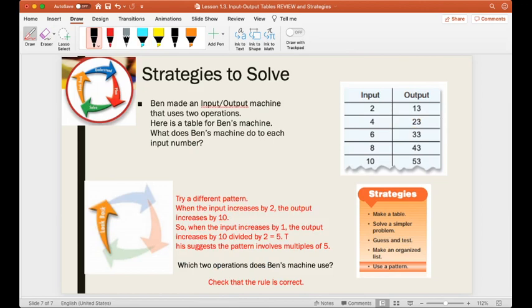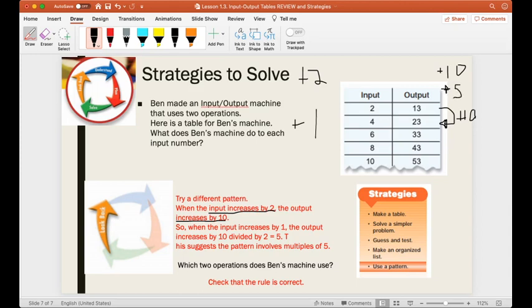Once again, the input is increasing by 2, and the output is increasing by 10. So if it's increasing by 2 and increasing by 10, it's safe to say, remember this is equivalence, that if we're increasing the input by 1, then we're also increasing the output by 5.